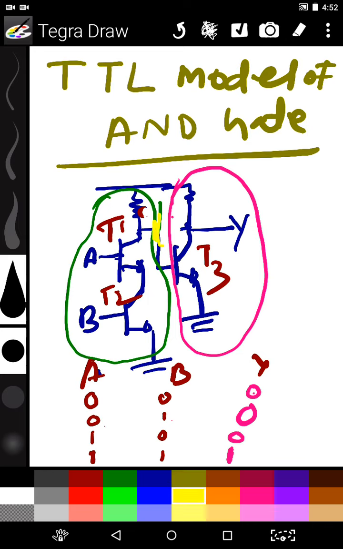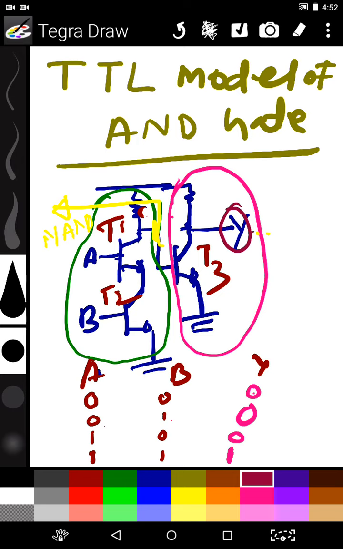Then the second stage is the NOT gate, which reverses it again. As a result, we get Y as an AND gate.